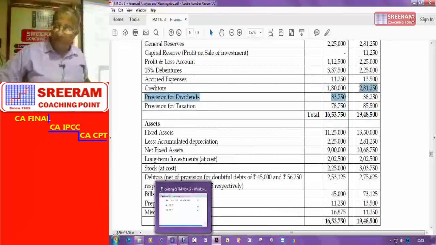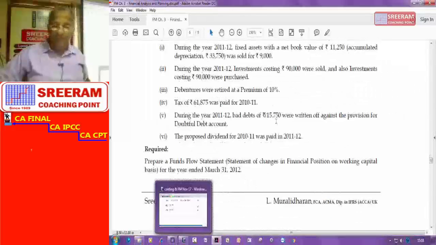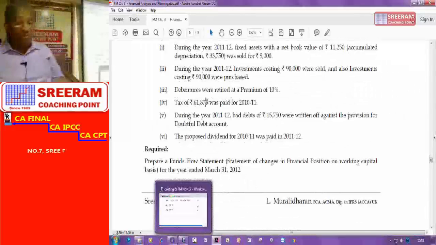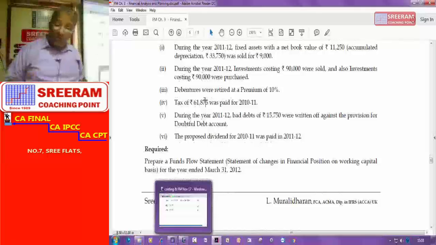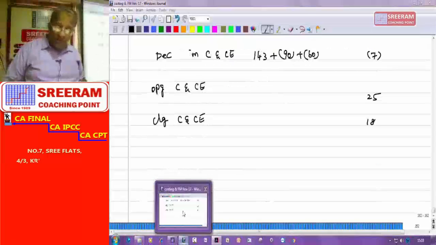Provision for taxation, for which they have given some information regarding how much tax they paid for the last period. You have to prepare the provision for taxation account.